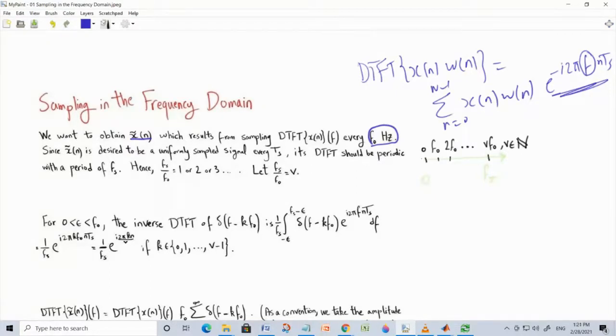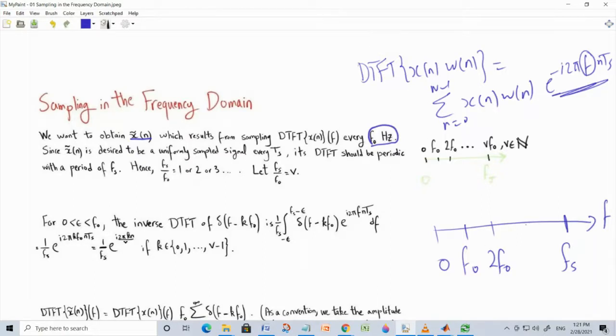To sustain the periodicity in the frequency domain, the sampling interval f0 must satisfy that Fs over f0 is an integer. Here's the frequency axis: you take a sample at 0, at f0, at 2f0, and so on, and then there is here the value Fs.